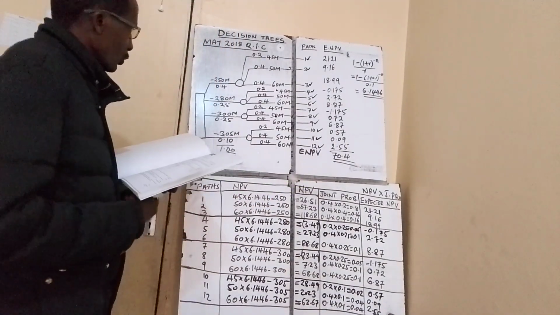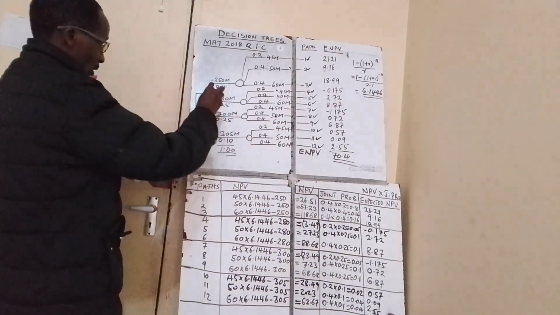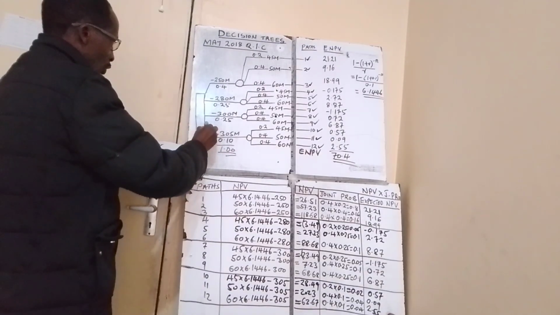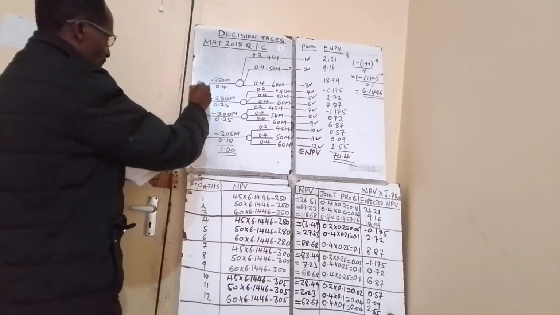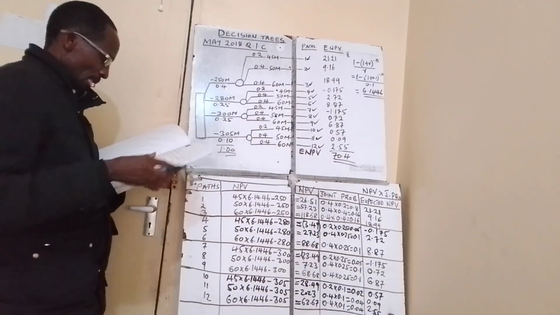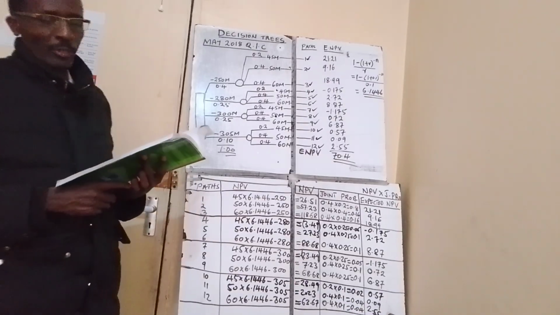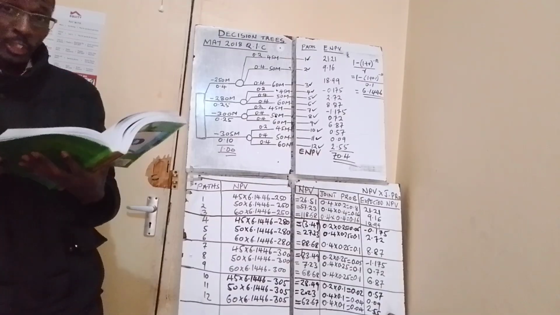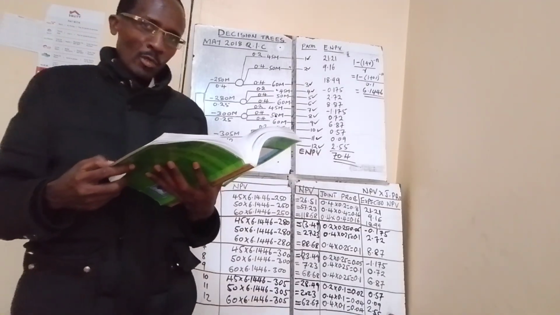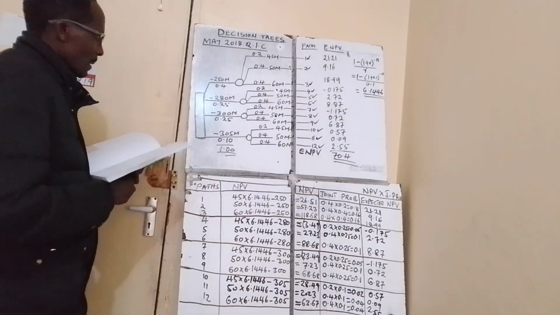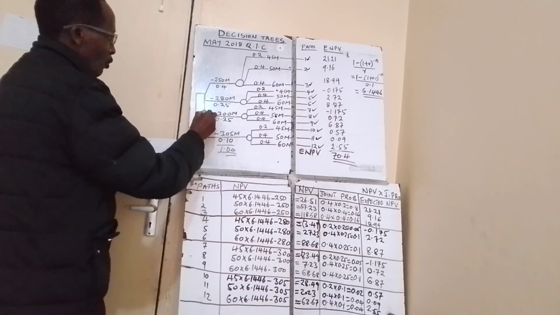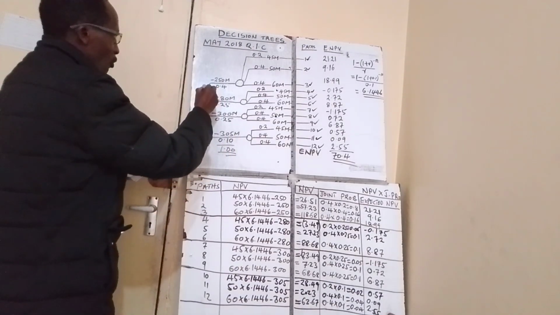So what you do is that you start your decision tree. This is a decision tree. You start with a node. This is called a node. Now here, because there are four probabilities associated with each cash outlay, then it means you should have four branches, one for each probability.